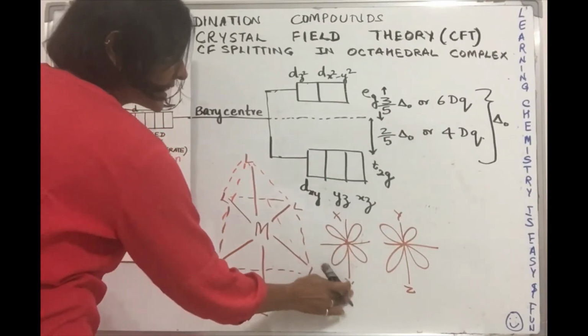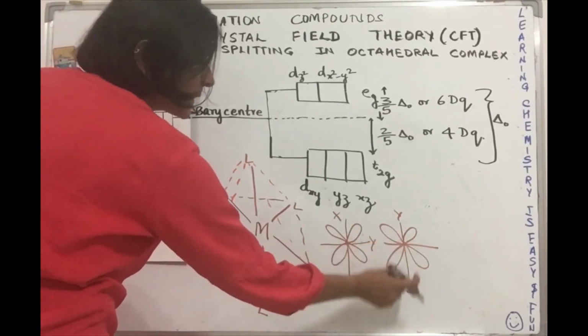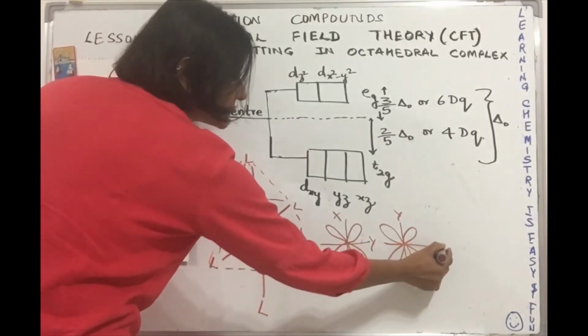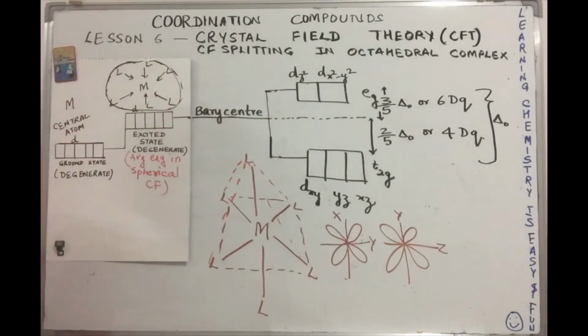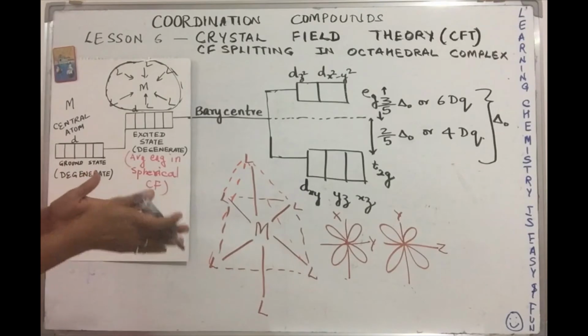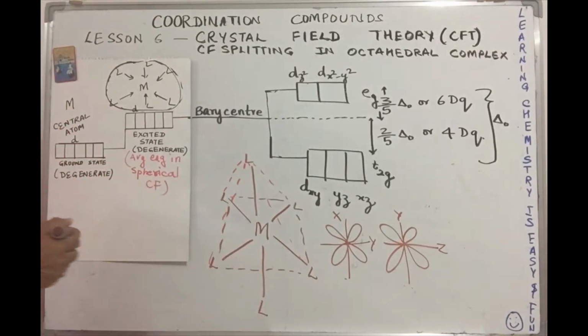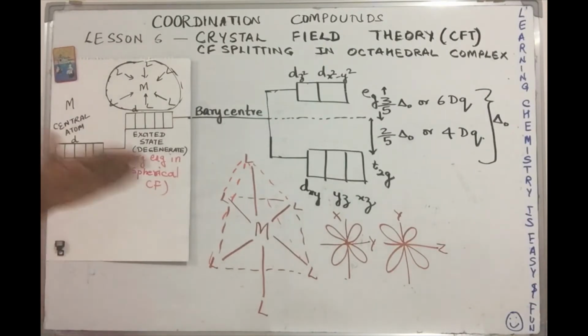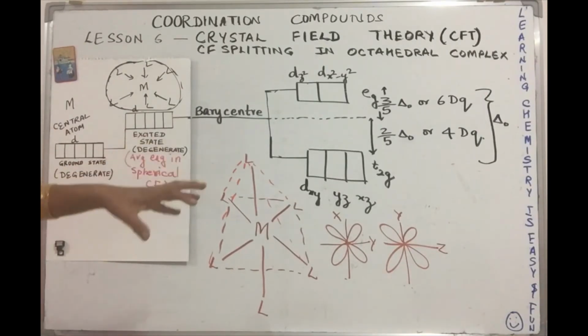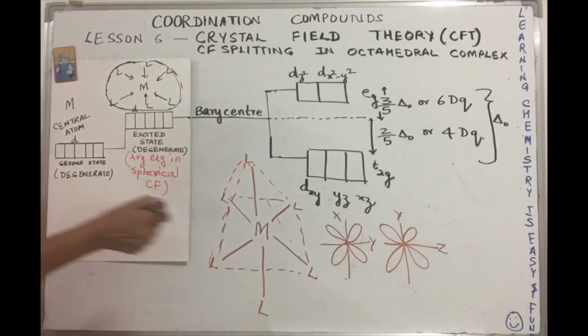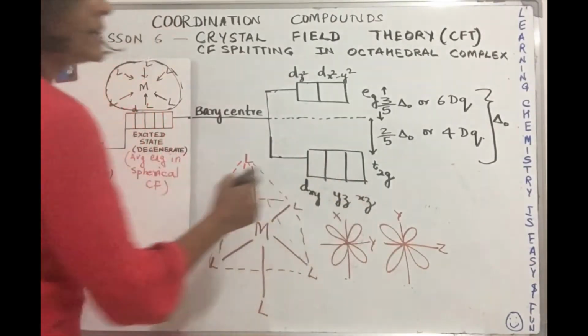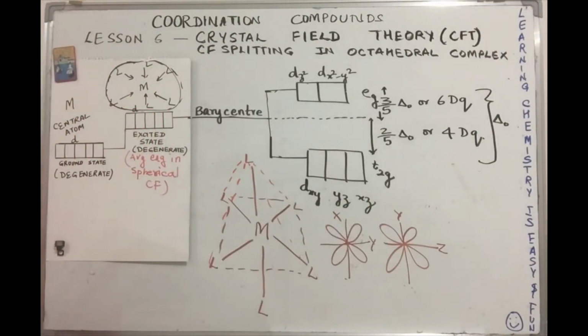You can also draw it 3-dimensional. It's okay. But what I'm trying to tell you is that all 3 of them are equivalent in this case, and the lobes are oriented in between the axes.